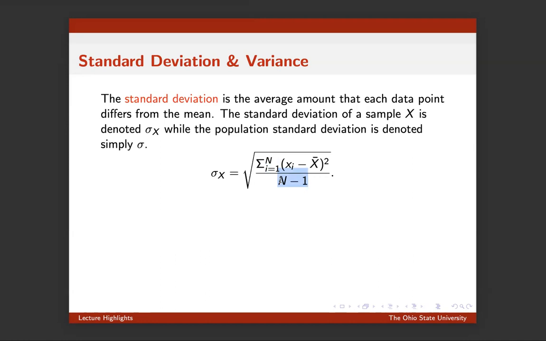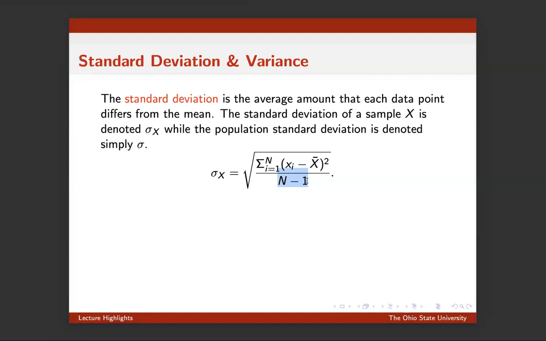So in this way, it's maybe not a true average, but the reason we have the n minus 1 is that in order to find the standard deviation, we are using 1 degree of freedom.